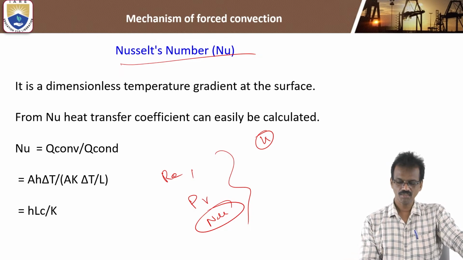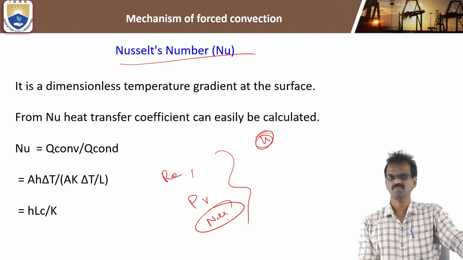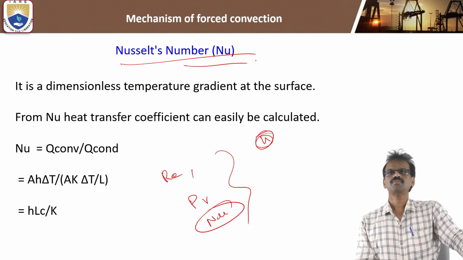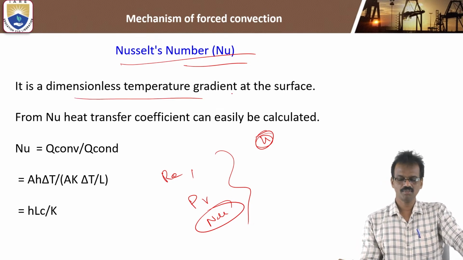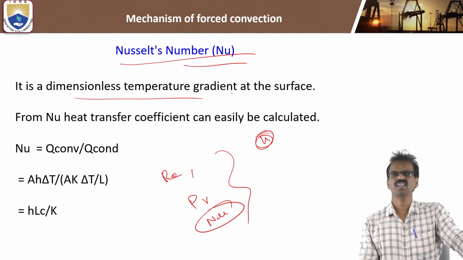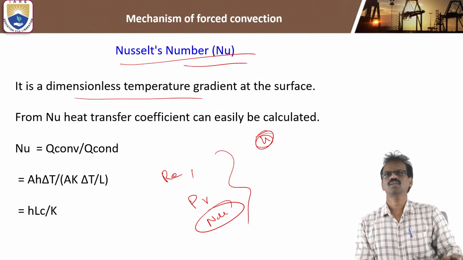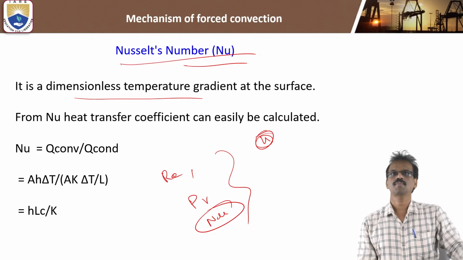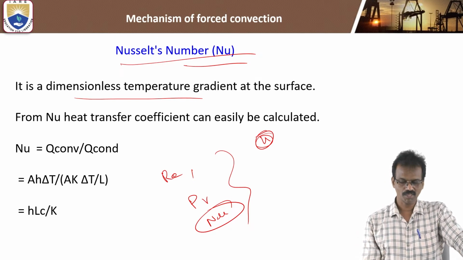To find the h value, it depends upon the Reynolds number, Prandtl number and Nusselt number. You know the Nusselt value is the dimensionless temperature gradient at the surface. You know all these numbers already, learned according to dimensional analysis, which is covered in fluid mechanics. I think there is no need to explain that one.